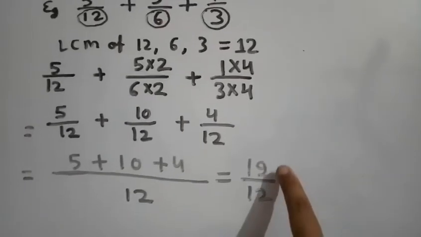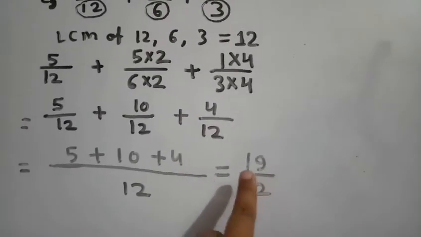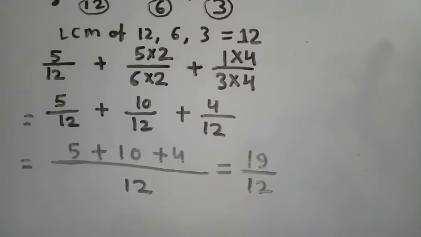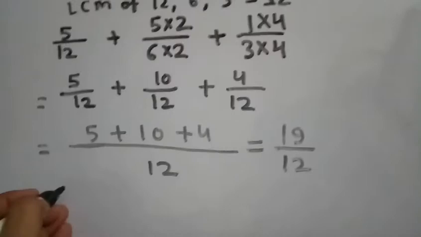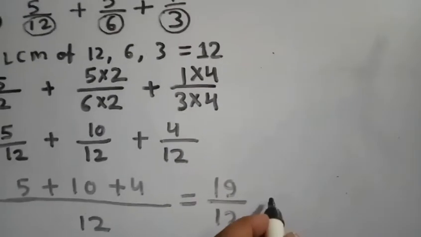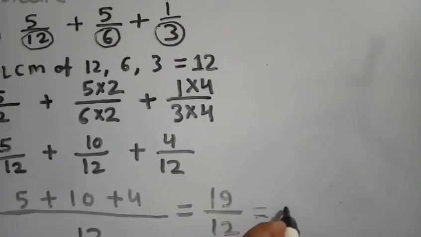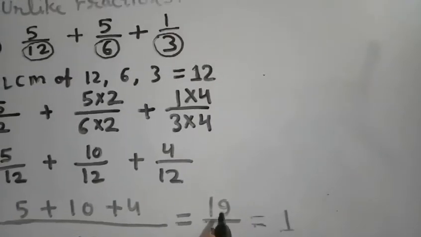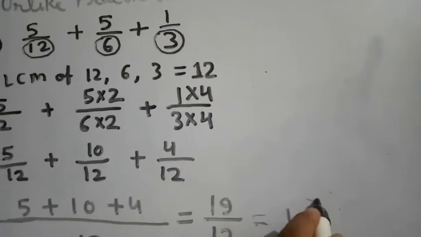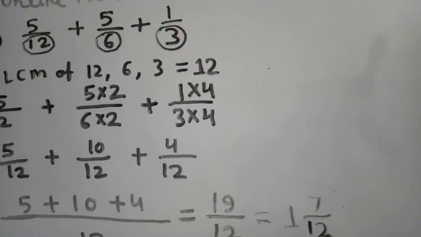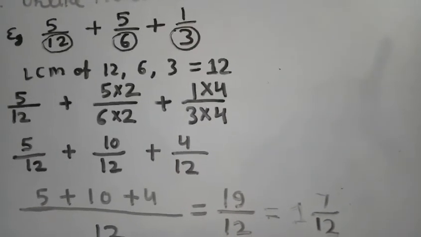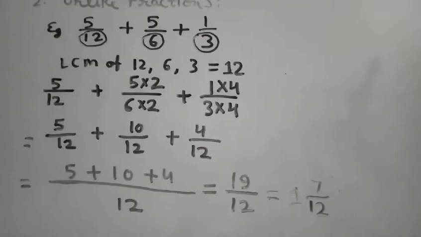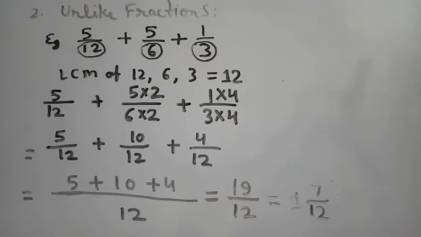Now this is an improper fraction because 19 is greater than 12. Then convert into a mixed fraction. 12 ones are 12 and 7 remainder, that is 1 and 7 upon 12. This is the final answer of this example.